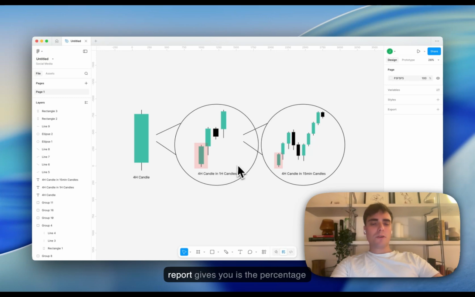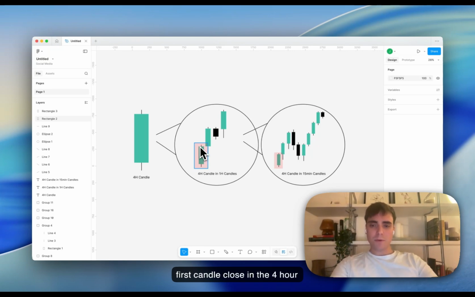What this report gives you is the percentage of times that the whole time window is going to close in the same direction as the first lower time frame candle close.